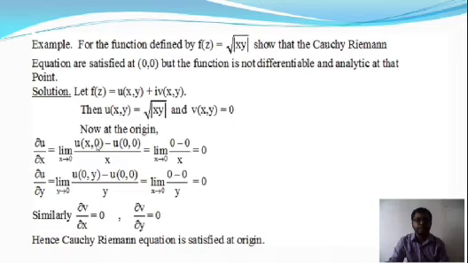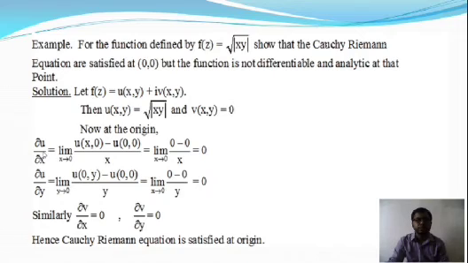At y equal to 0, the value of u of x comma y should be 0, as well as u of 0 comma 0 is 0. So the limiting value will be 0 minus 0 by x, so as x tends to 0, this limiting value is 0.